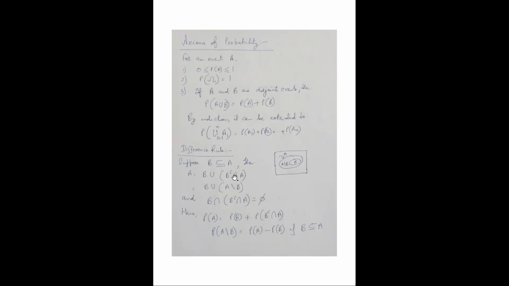B complement intersection A is defined as A backslash B, which is the difference. That means whatever is there in A, not in B. Though B is a subset of A, A difference B is whatever is not there in B and is there only in A.